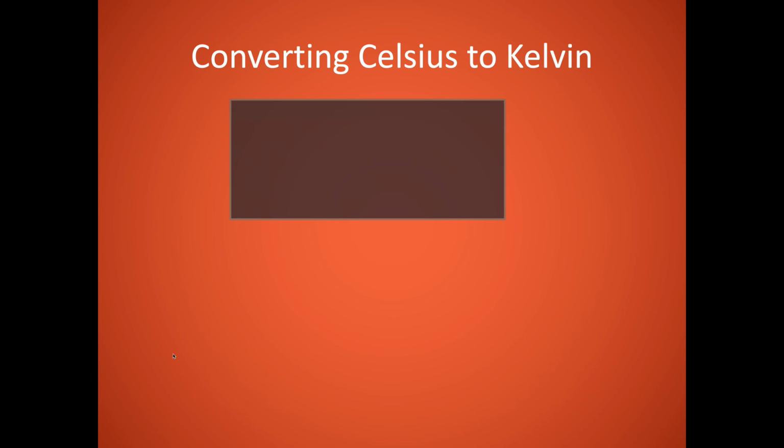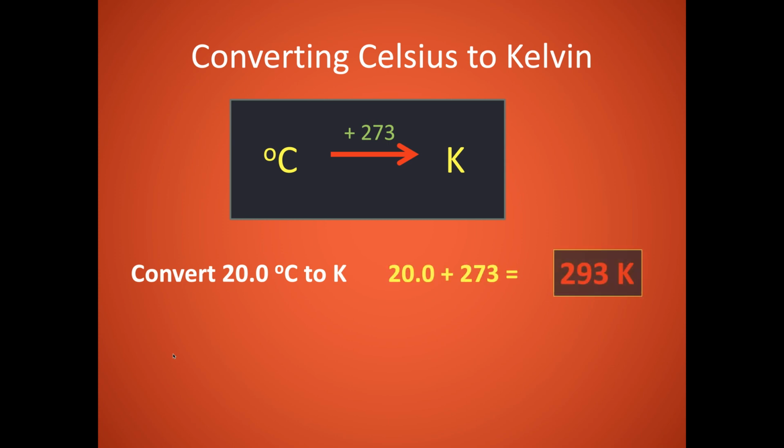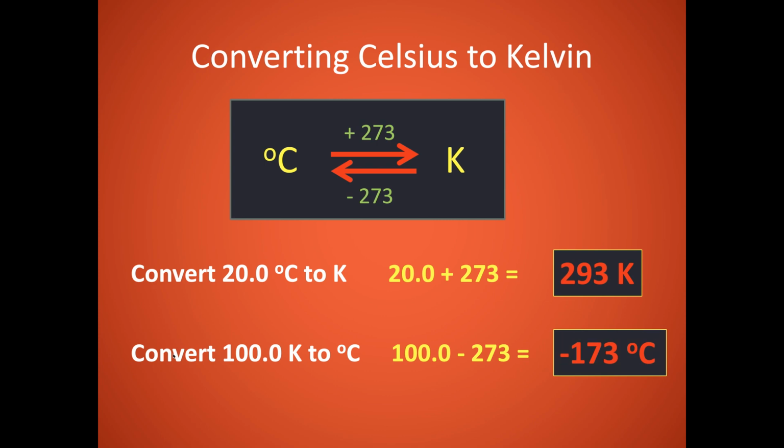So if you want to convert Celsius to Kelvin, you add 273, and Kelvin to Celsius will be subtracting 273. That's kinetic energy, energy in motion, energy that is being used to do work right now.